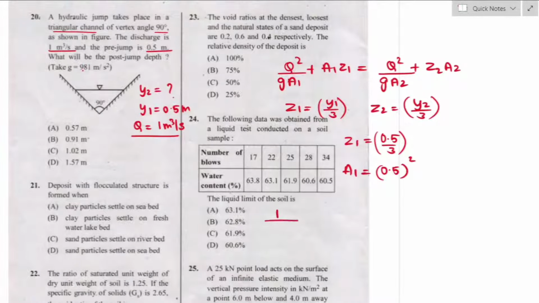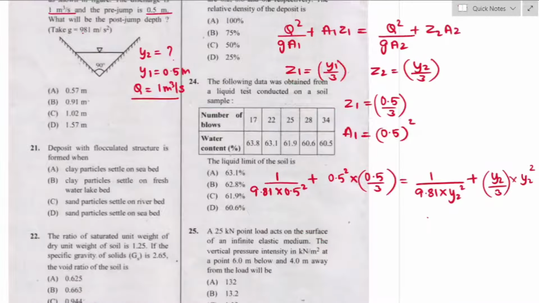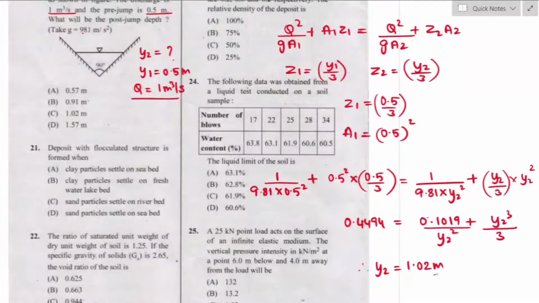On substituting these values, 1 divided by 9.81 into 0.5 square plus 0.5 square into 0.5 divided by 3 is equal to 1 divided by 9.81 into y2 square plus y2 divided by 3 into y2 square. On solving this equation, the post jump depth will be 1.02 meter. Option C is the right answer.